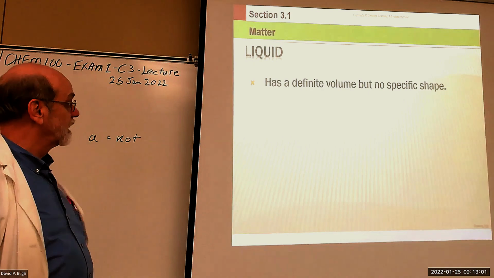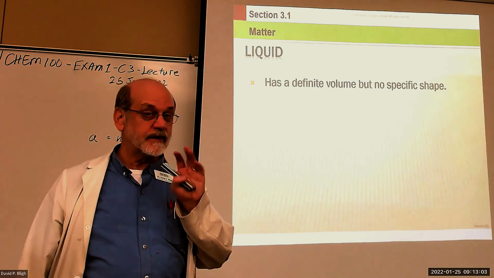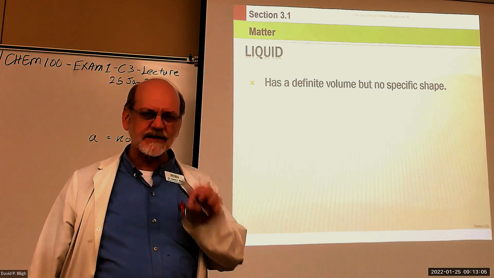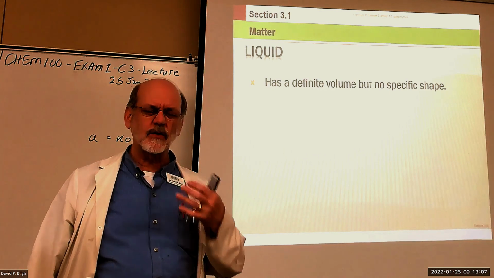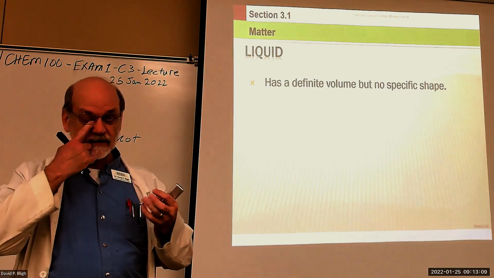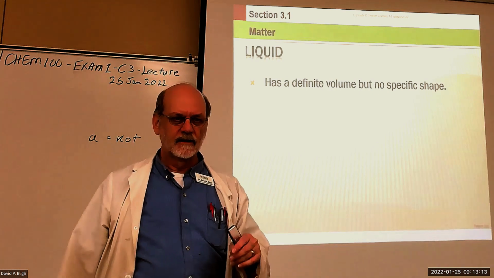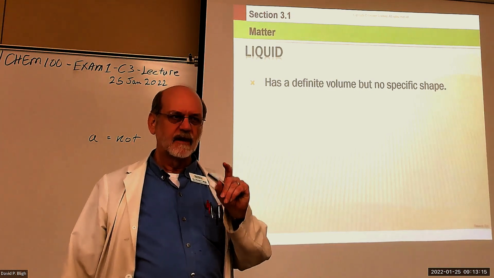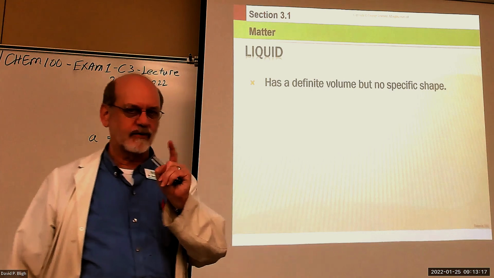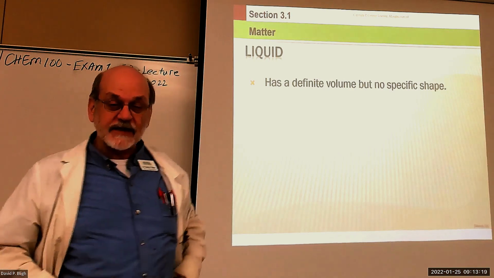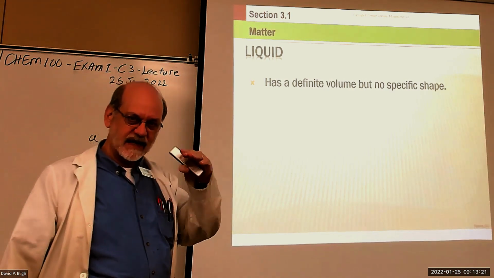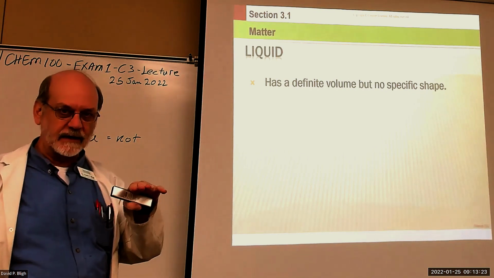The liquid still has a definite volume, but it does not have a definite shape. It cannot hold its own shape. So like I said, if you pour it out on a table, it's just going to go everywhere. But it won't change its volume unless it changes its temperature. So that's a given. You've got to maintain the same temperature in order to have the same volume.